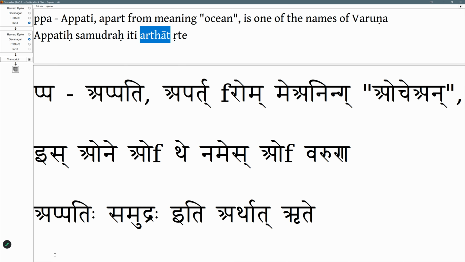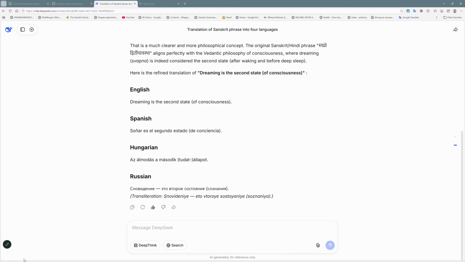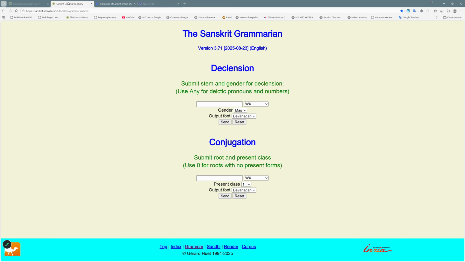We go to this very important page, Sanskrit grammar. Here we have the mirror. Here we have belt twist. We put artha. Can be masculine or neuter.